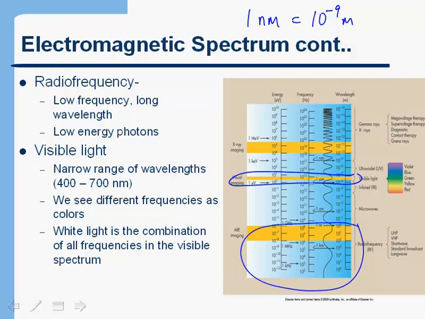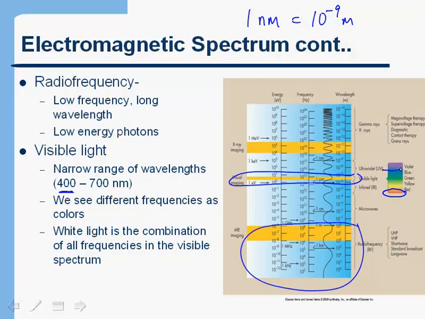So there's not really such a thing as blue and red and green. That's just how our eye and our brain process what we see. So when our eyes detect red light, what they're really detecting is light down at 400 nanometers. That's at the bottom part of the spectrum.